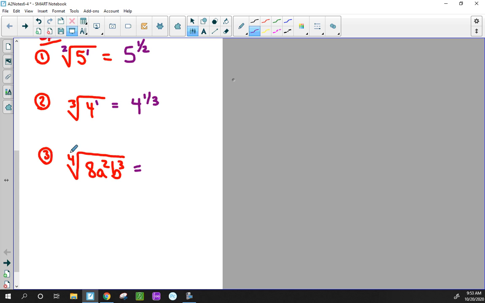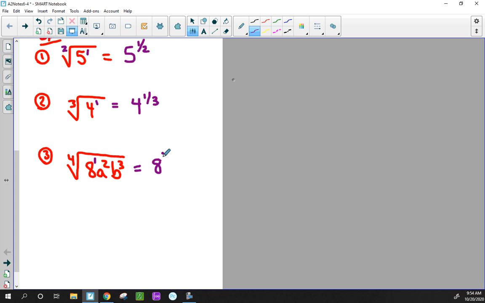Example 3. The 4th root of 8, a to the 2nd, b to the 3rd. Remember, numbers have powers as well. When you don't see one, it's always a 1. You're going to rewrite your radicand. We're going to do each piece separately, though. We'll start with the 8.